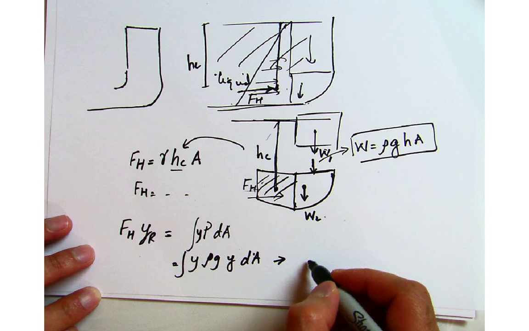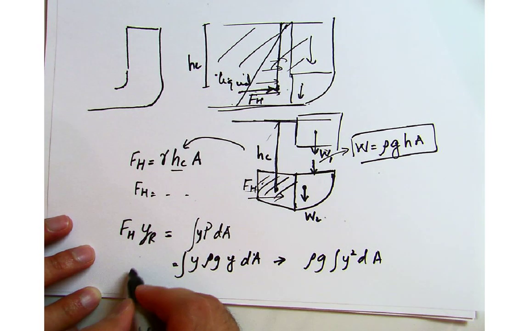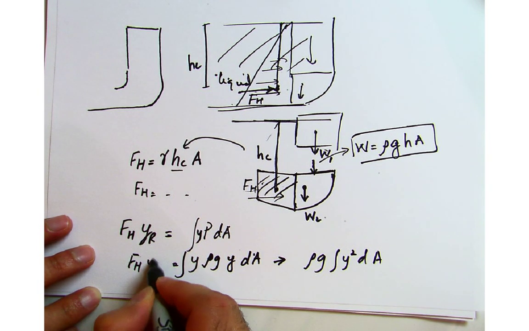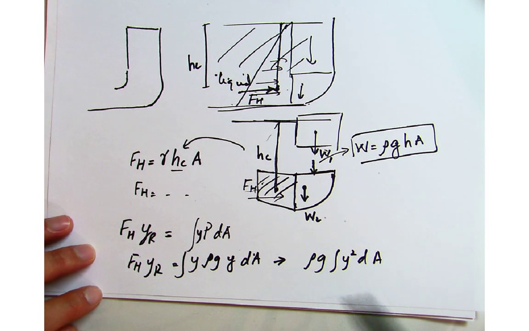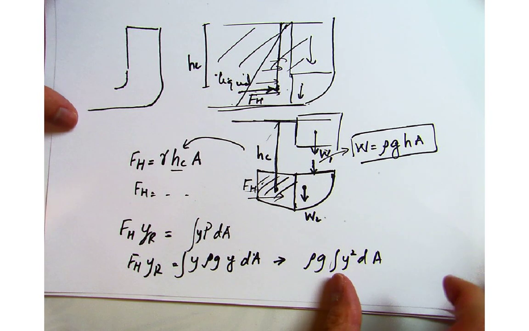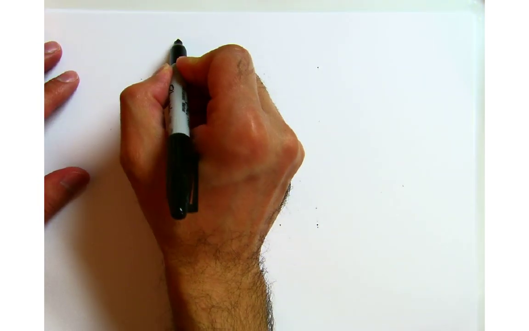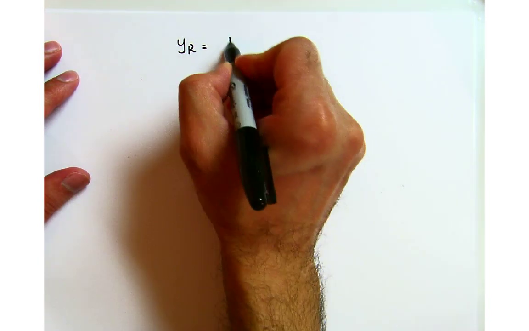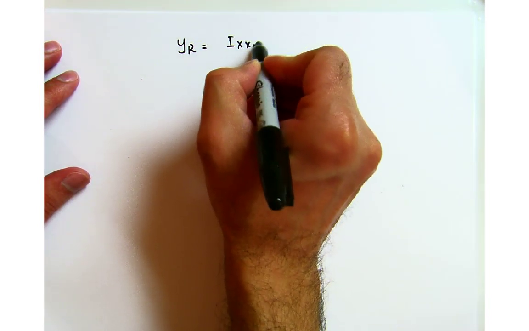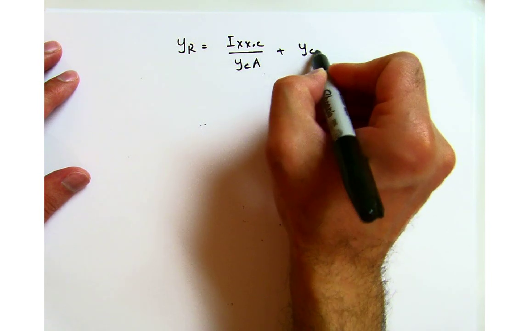Okay, so this implies that rho g y squared dA equals F_H y_R, and this is the second moment of area. So in a similar way to what I have shown you before, you can find the resultant force location as y_R equals I_xxC over y_C A plus y_C.